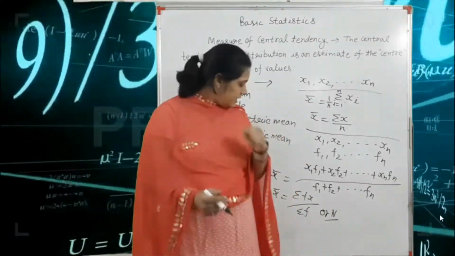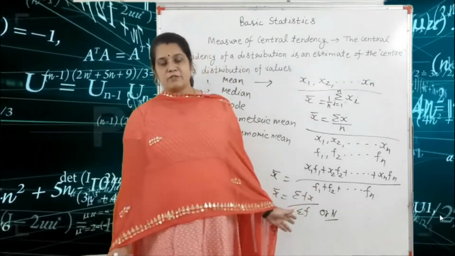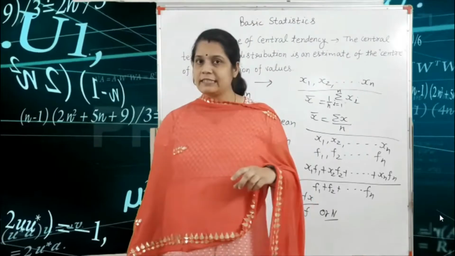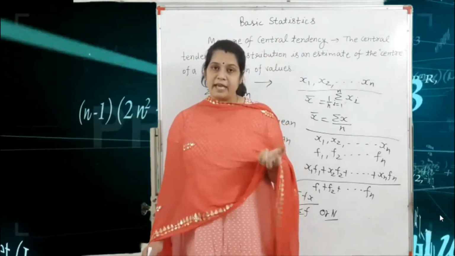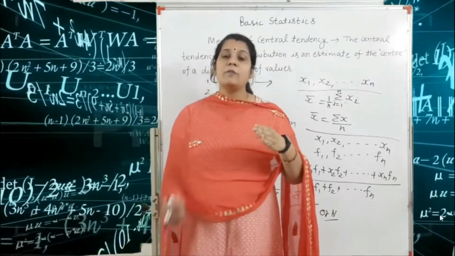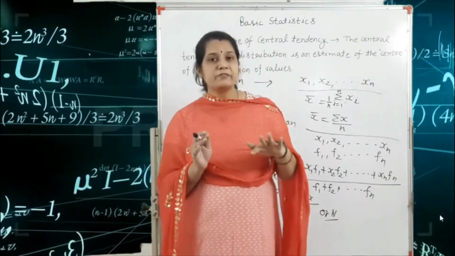Got it? So here summation fx, that means what? First we are given the column of x, after that we are given the column of f, that means the frequency, and after that we multiply the column of f into x. So don't be confused.